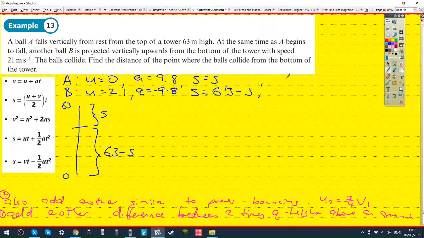What other thing will both balls have in common when they hit into each other? They have the same acceleration. All right, we have acceleration already. Anything else?